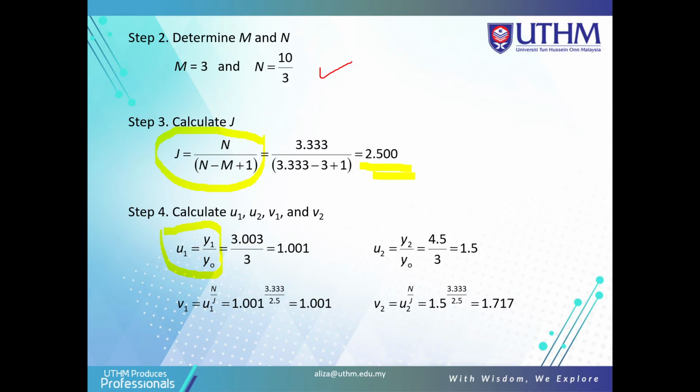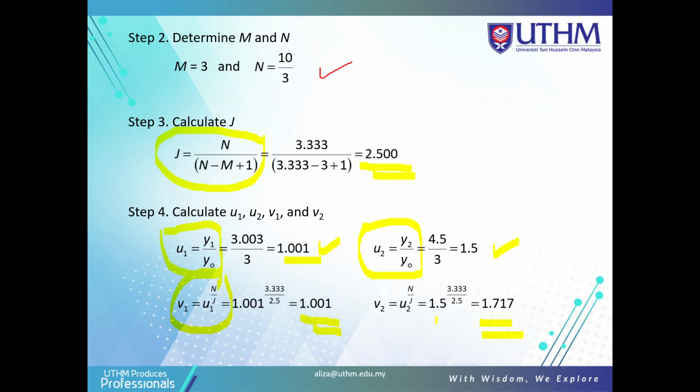So we get u1 is 1.001, and u2 is 4.5 divided by 3, so we get 1.5 here. For v1, use this equation, put the value, and we get the value of v1, and also v2.